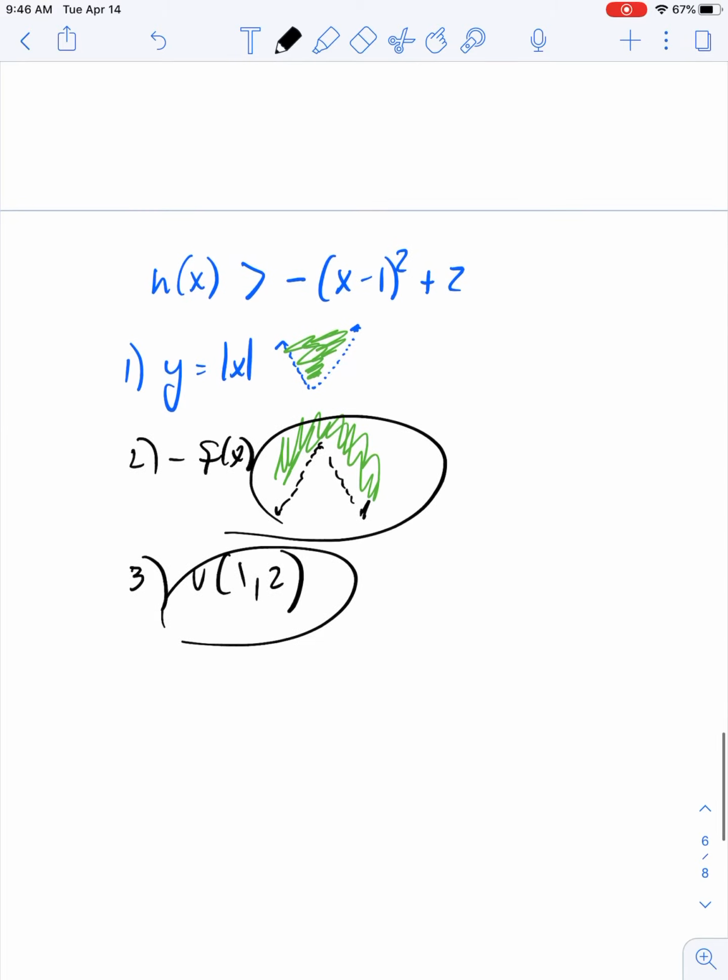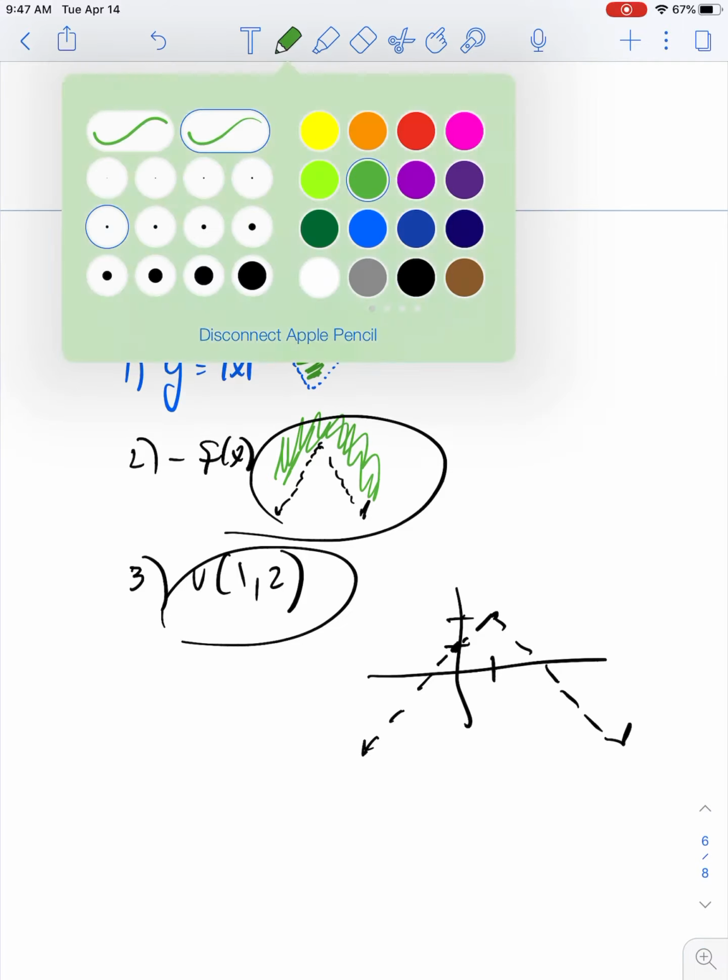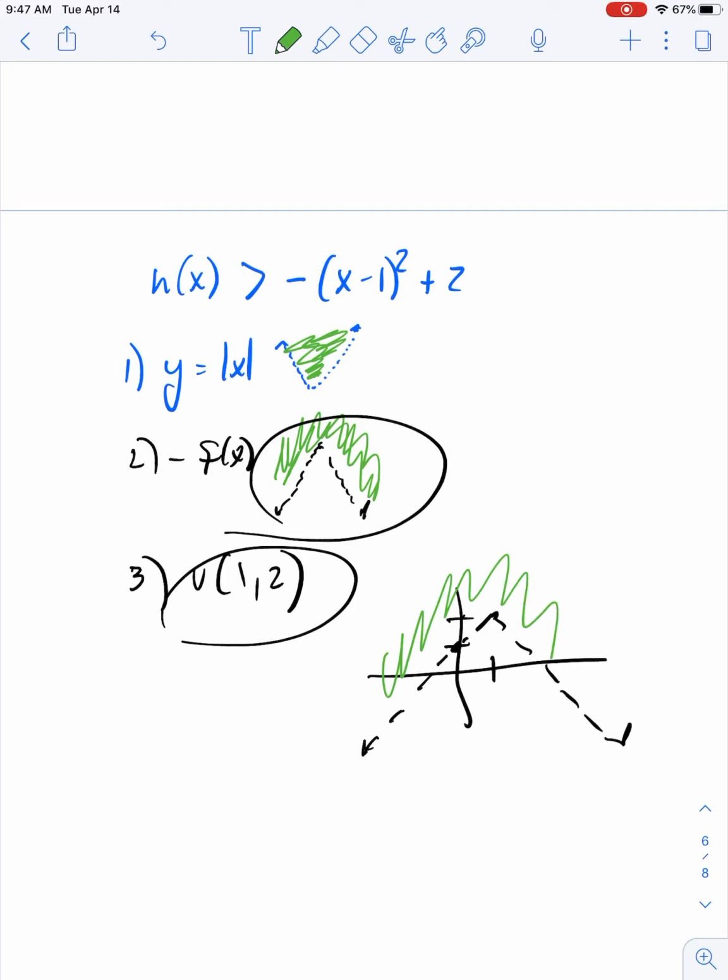There's where it's located. So let's go ahead and do it. So we have 1, 2, dash line. What's my scalar? Scalar is 1, so over 1 down 1. So dash line. And then let's go ahead and shade. And that's it. That's all you gotta do.